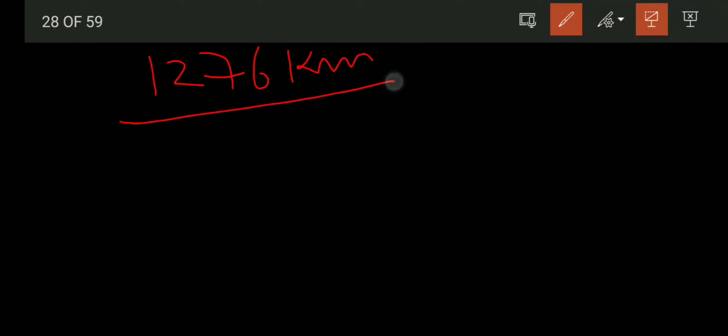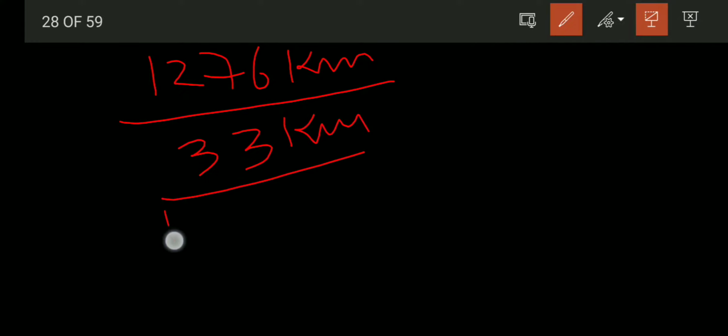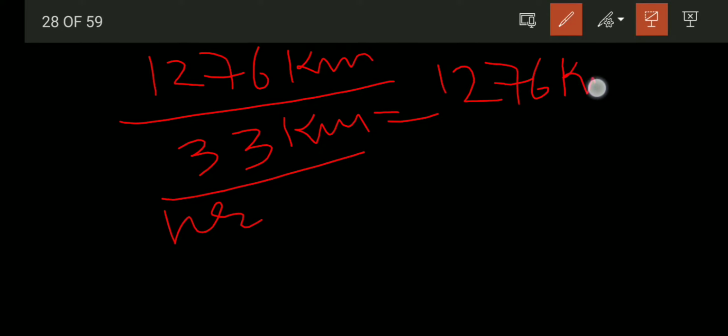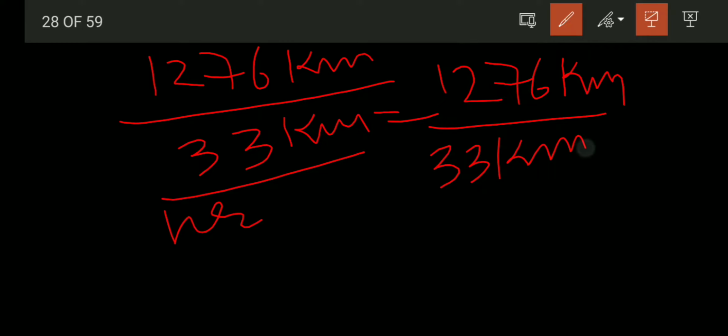See, this is 1276 kilometer divided by 33 kilometer per hour. This becomes 1276 kilometer divided by 33 kilometer. This hour goes on top into hour.